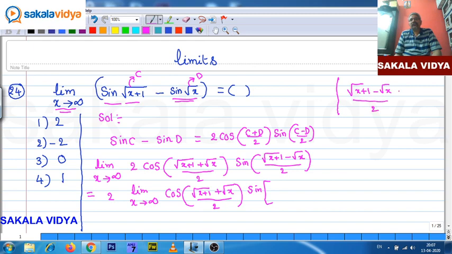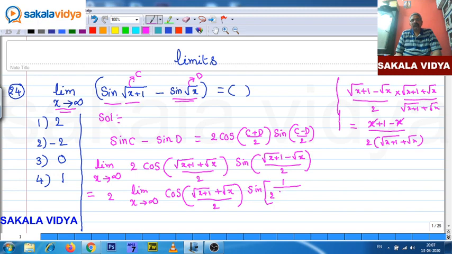This can be rationalized like this, multiplying by root of x plus 1 plus root x over root of x plus 1 plus root x. Now a minus b into a plus b gives a square minus b square: root x plus 1 whole square x plus 1 minus root x square x, by 2 times root of x plus 1 plus root x. The x gets cancelled, leaving 1 by 2 times root of x plus 1 plus root x.